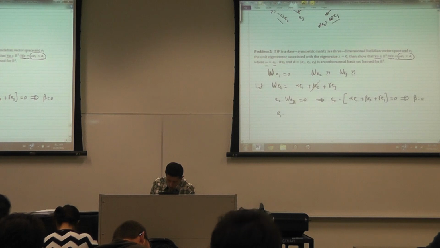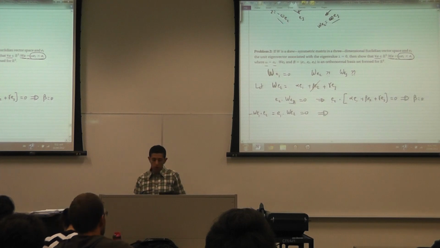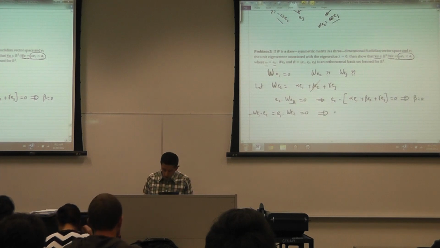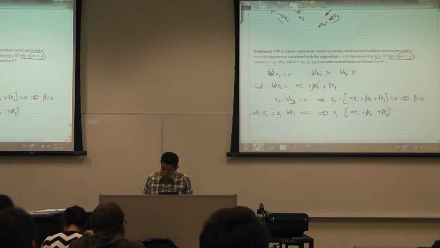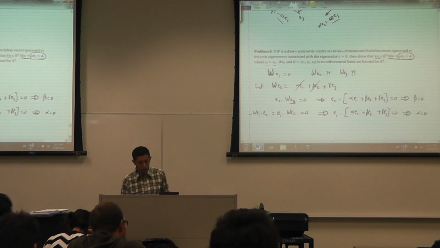Also E1 dot WE2 is equal to negative WE1 dot E2, which is equal to 0. Which means if I take E1 dot (alpha E1 plus beta E2 plus gamma E3) equals 0, from here alpha equals 0, which makes that one go as well.